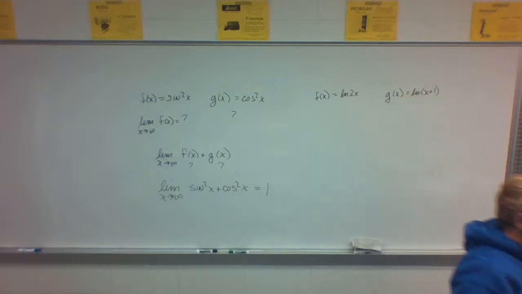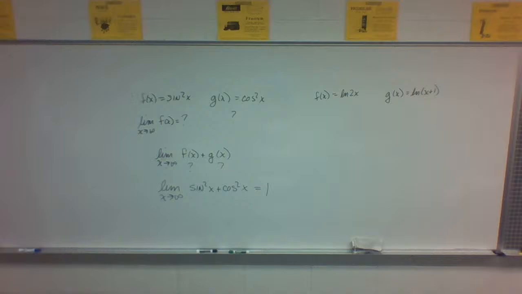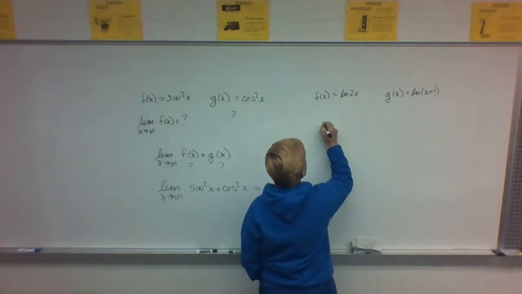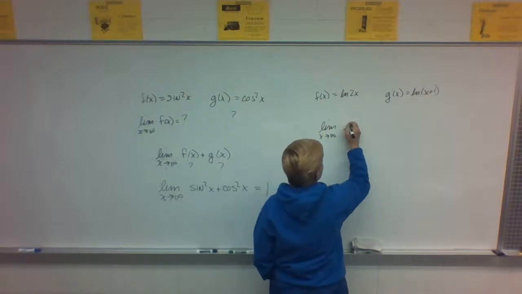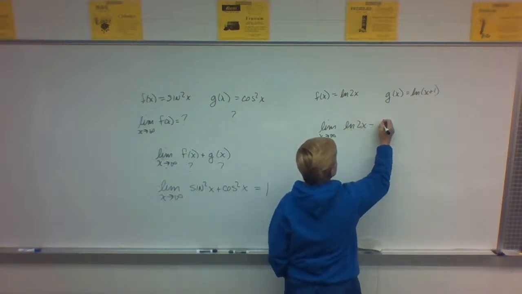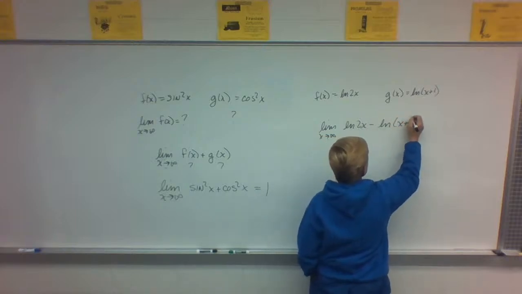Okay, so what they want us to do in this one is a difference. We want to find the limit of the difference f minus g. So take the limit as x goes to infinity of natural log of 2x minus the natural log of x plus 1.